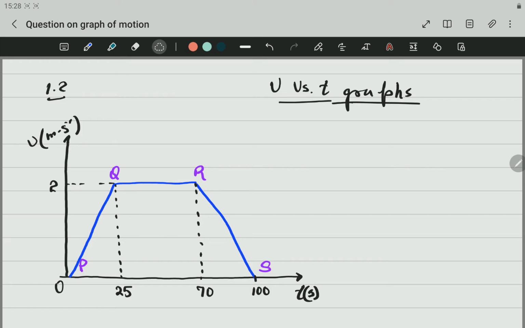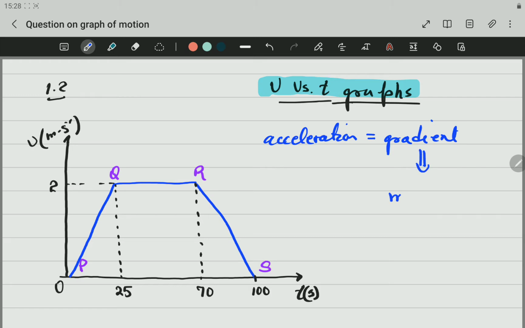Now, what do we need to know? We need to know that in a velocity versus time graph, the acceleration will be equal to the gradient of the graph. Okay, and remember how to calculate gradient. Gradient is equal to change in y divided by change in x.